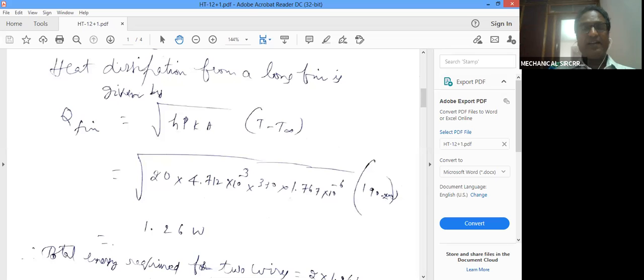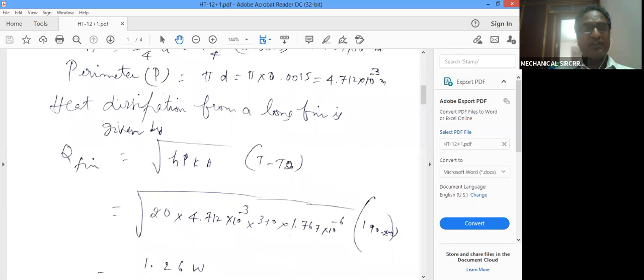Yesterday, we derived root of hPkA. So the heat transfer rate through the fin, Q fin, is root of hPkA into (T minus T free stream). That was derived in the last class.